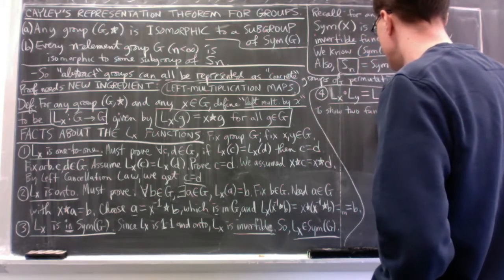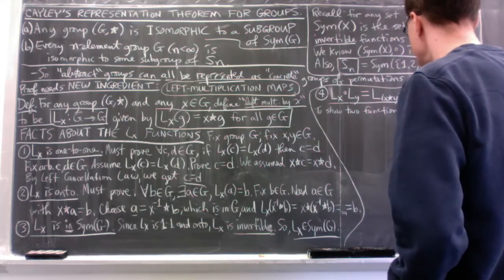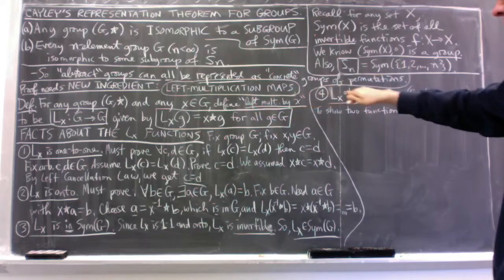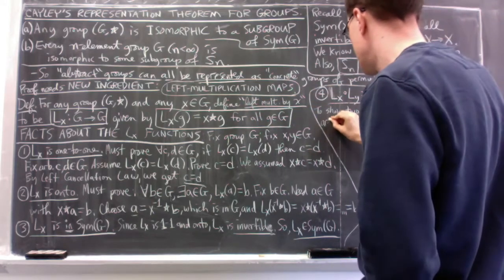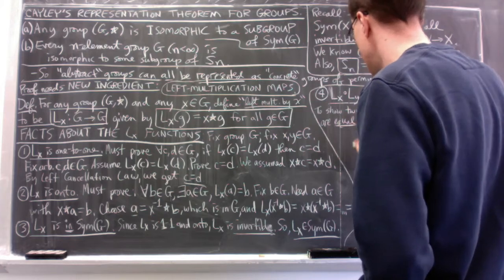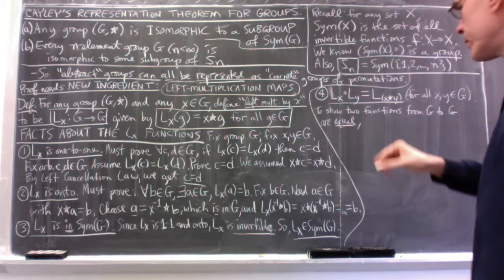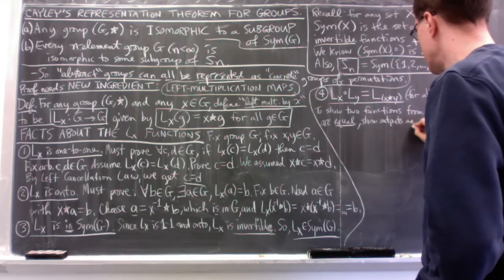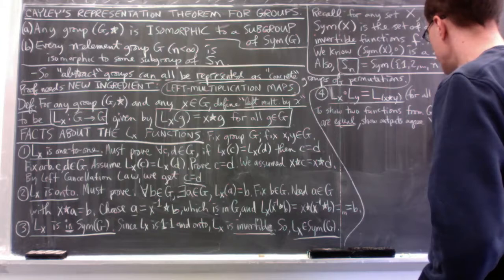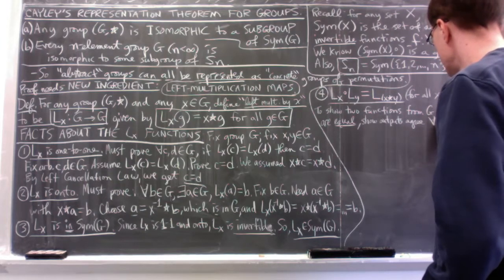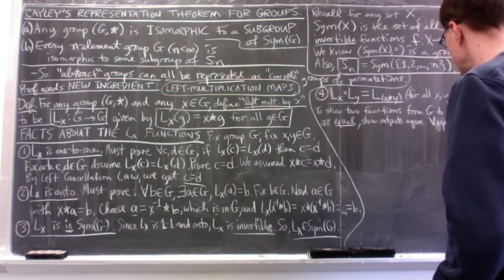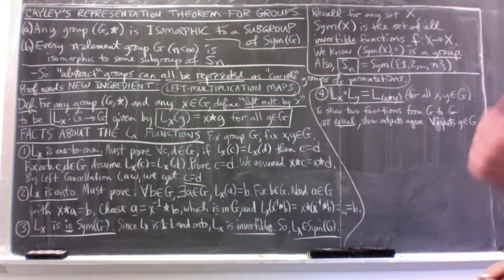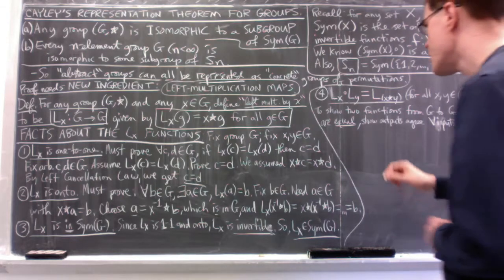To show two functions from G to G, which these are, because everything's got domain and codomain G here, we have to show that they agree, so that the outputs agree for all inputs little g in G. That's the definition of function equality. We talked about that a long time ago. There's a video you can review if you need to. Okay, but that's how you do it.